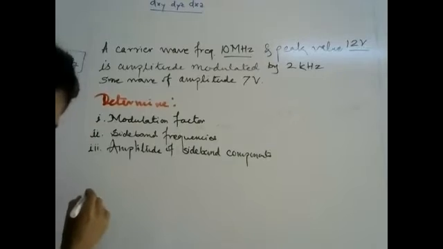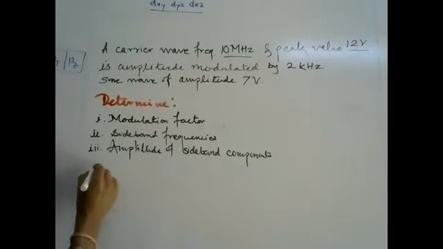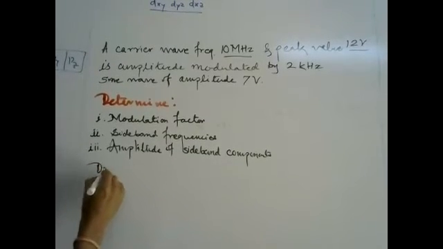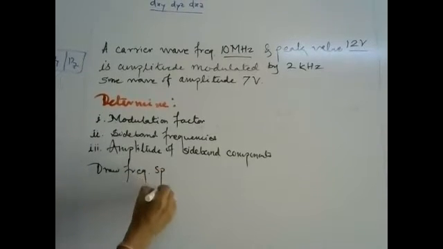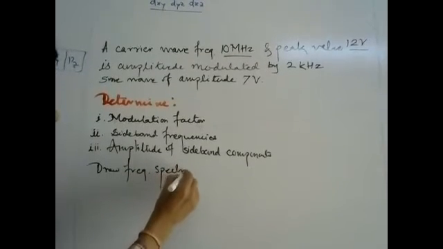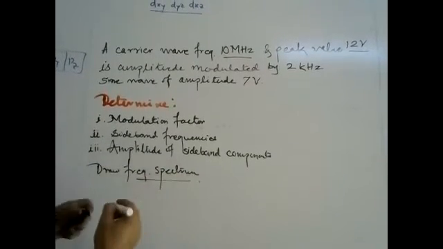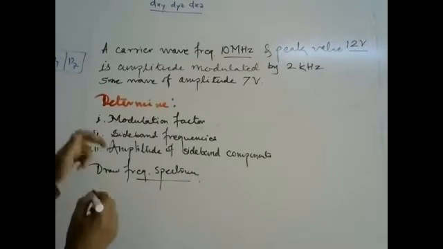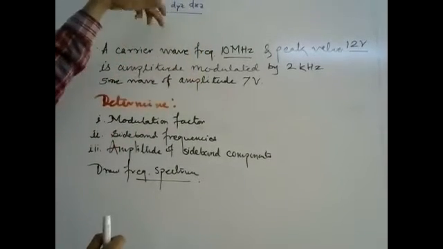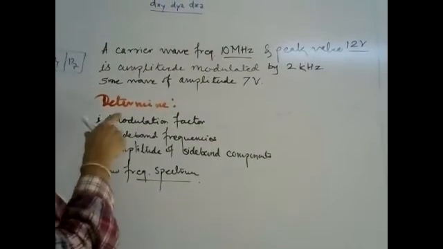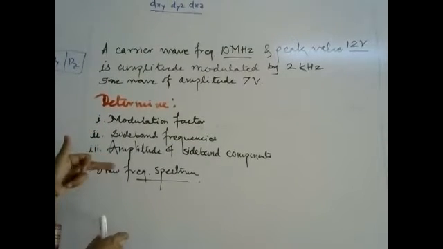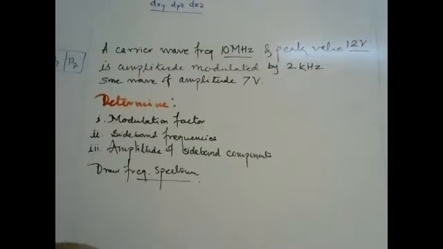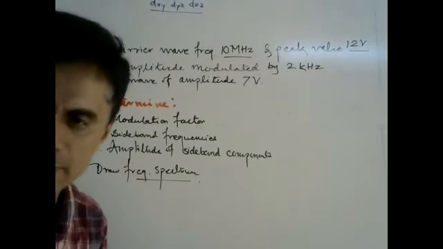Then we will draw the frequency spectra. Now see, this is the problem. Our aim is to find the modulation factor, sideband frequency, amplitude of sideband components, and then based on this we can draw the frequency spectra.